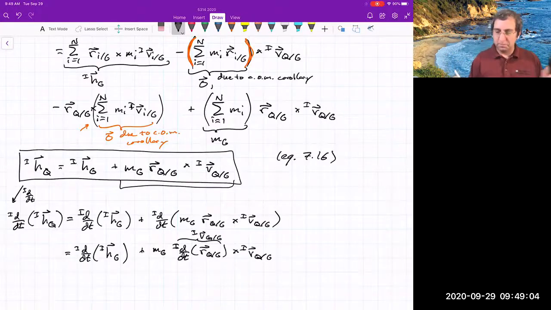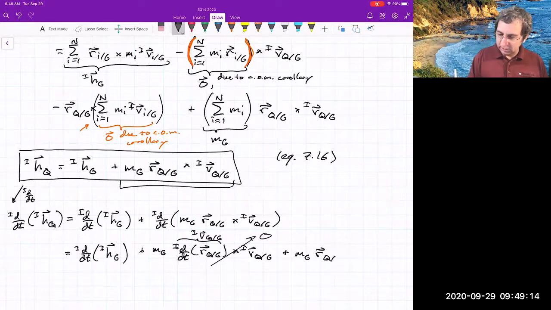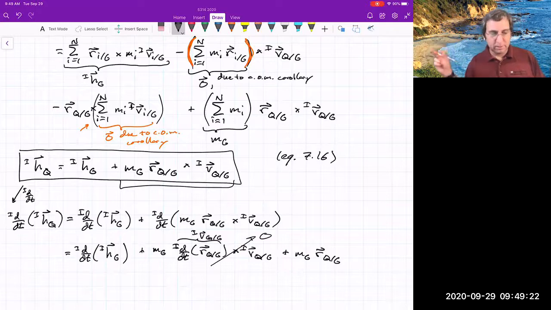So you have a vector cross itself, so that's 0, plus m_G, and now the derivative acts on the other side. It's like a product rule for cross products. Take the derivative of the first thing, then plus the derivative of the second thing.